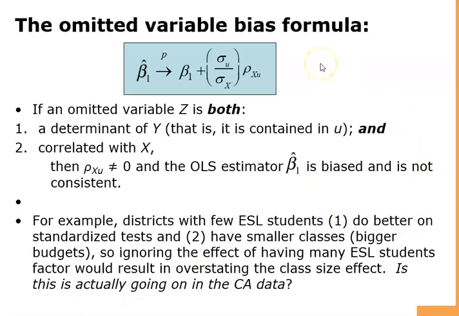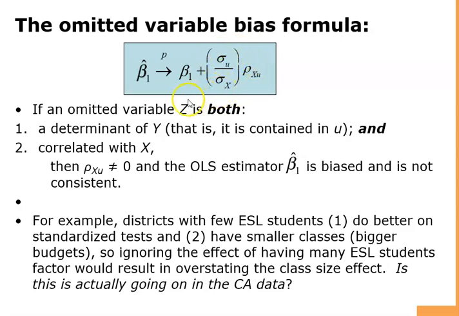So we have already established that beta 1 hat is equal to beta 1 plus this fraction over here, and this fraction will not be equal to 0 if the first assumption of the OLS is not satisfied. That will simply be because if the first assumption is not satisfied, the correlation between X and U, the correlation between the regressor and the residual, will not be equal to 0, and then this whole fraction will not be equal to 0.